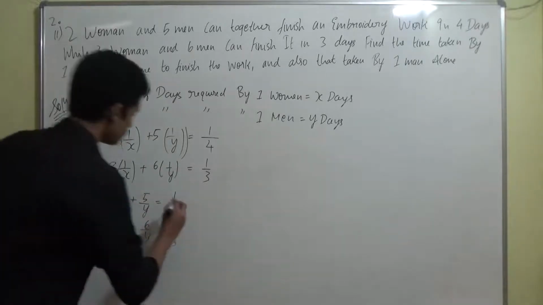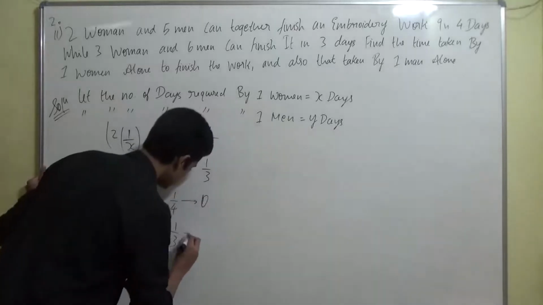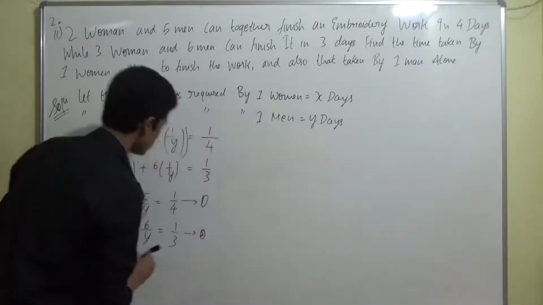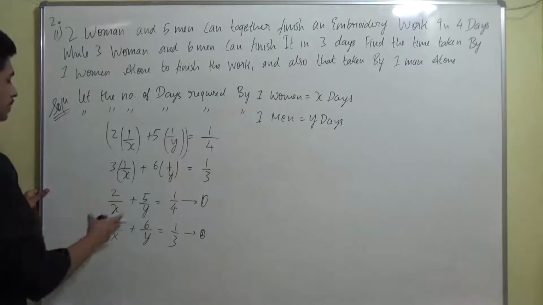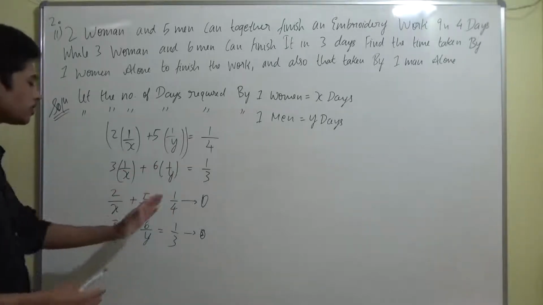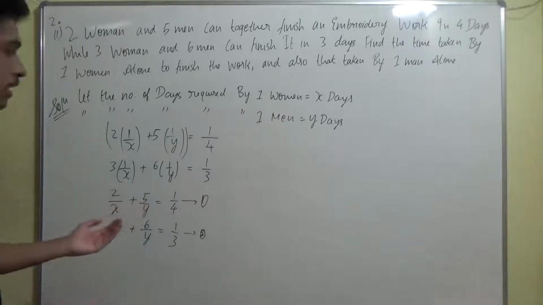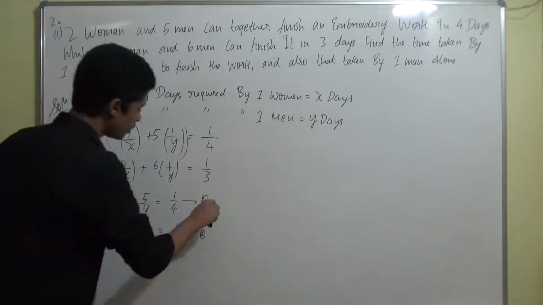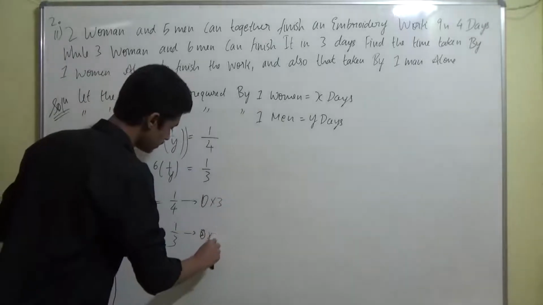Right. So this is your equation 1 and this is your equation 2. Now what we'll do? We'll multiply the entire numerator of the first equation. When you are multiplying, only the numerator term you have to multiply, not the denominator. Getting it? So into 3 and this one is into 2.